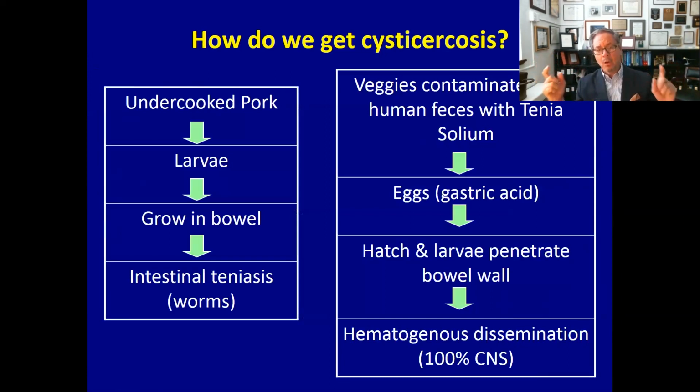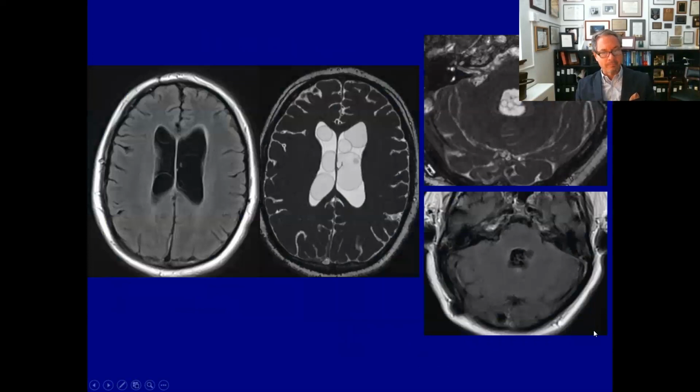And like I said, 100% of patients will get involvement of the central nervous system. So it is not eating undercooked pork, but rather drinking contaminated water or eating vegetables that have contaminated water in them.